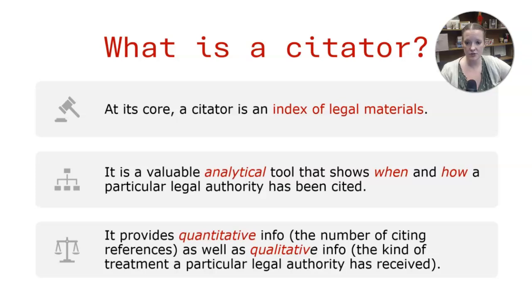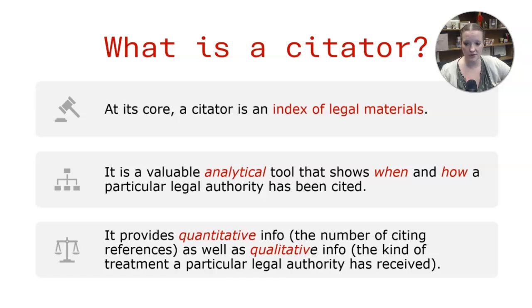So it tells us two things. It tells us when our authority was cited, so citing references, on Lexis it would be citing decisions or other citing sources. And then we also see how our authority, the source that we're looking at, has been treated. We're going to talk more about that today.